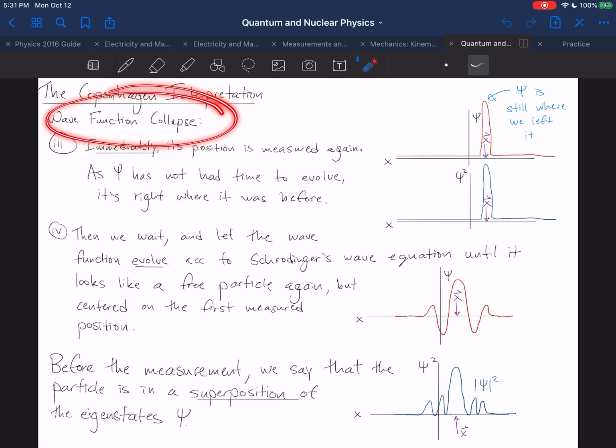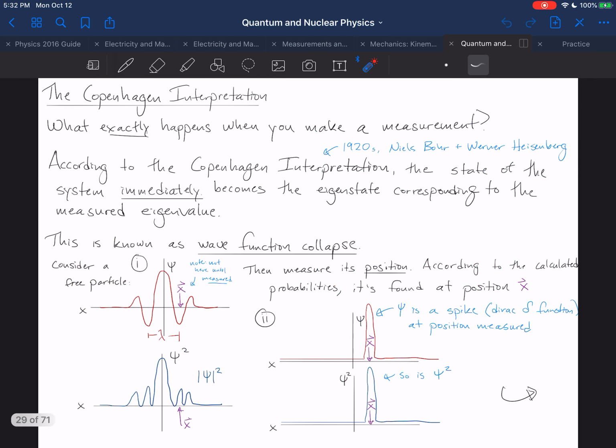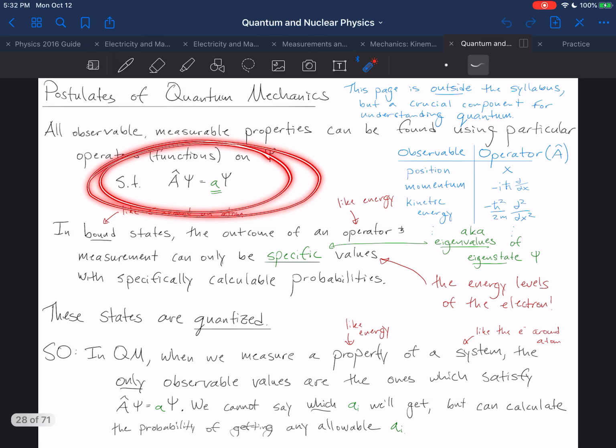So when does wave function collapse happen? It happens whenever there is a sufficient interaction to require the state to make a decision. That's, again, loose language, but this is a weird thing that happens: the wave function immediately collapses once it has been measured into the state that satisfies this particular equation.